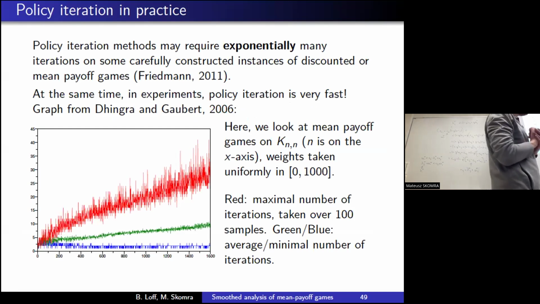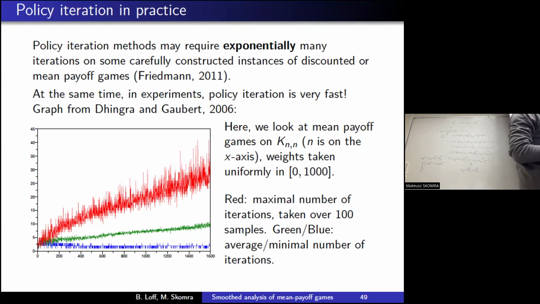They run this policy iteration algorithm on a complete directed bipartite graph with n nodes, and here is the number n. It's like 1,000 by 1,000 nodes. You have all possible edges, and you pick weights, I think integer uniform in this range. You run the policy iteration algorithm and see how many iterations it takes to complete.